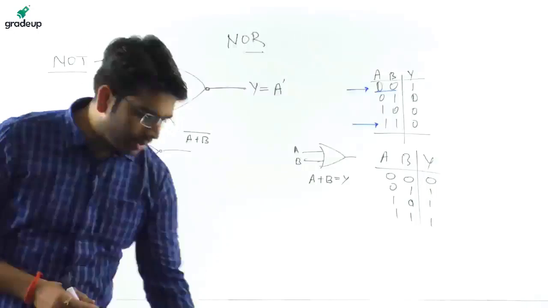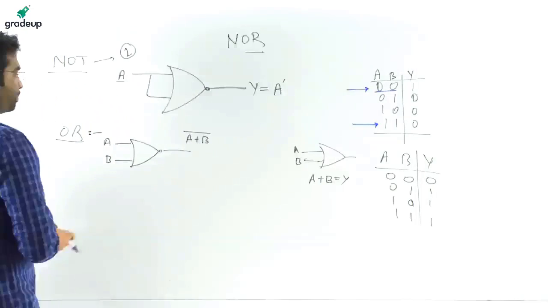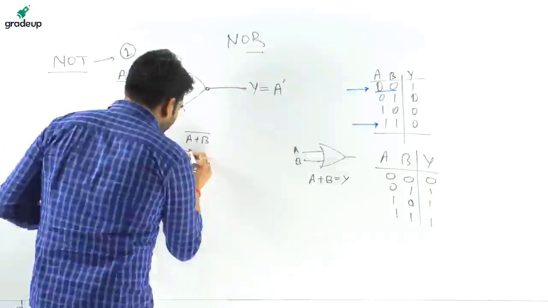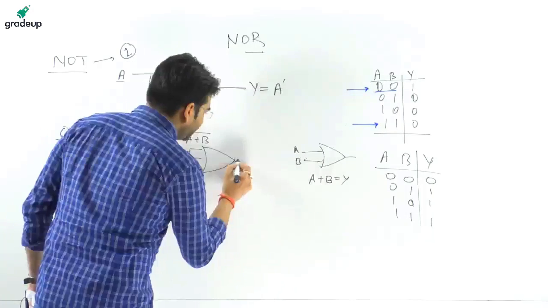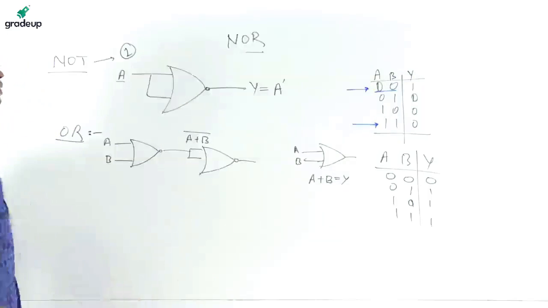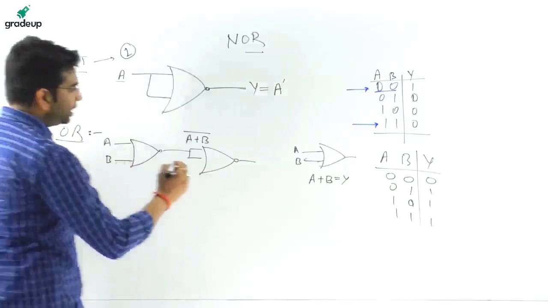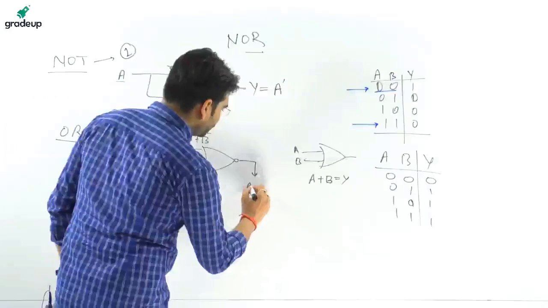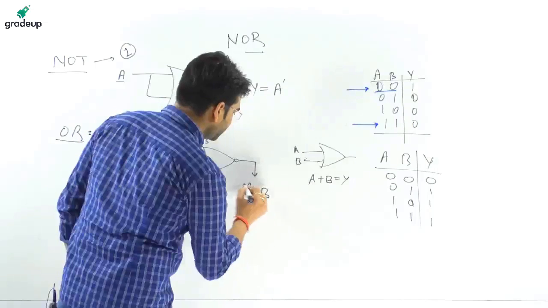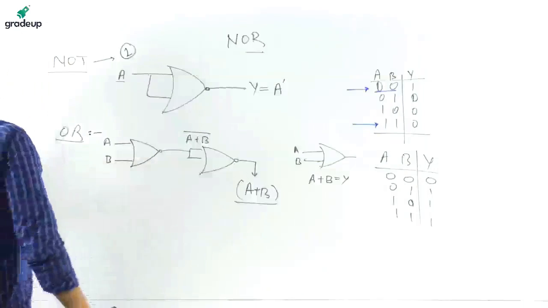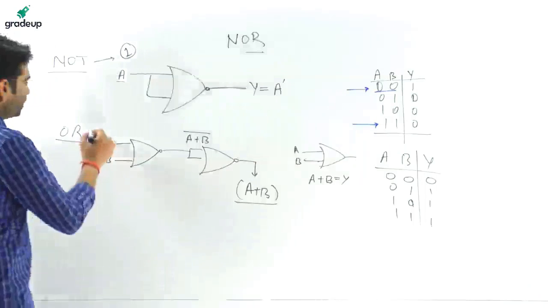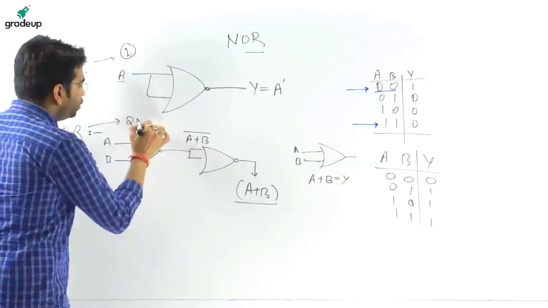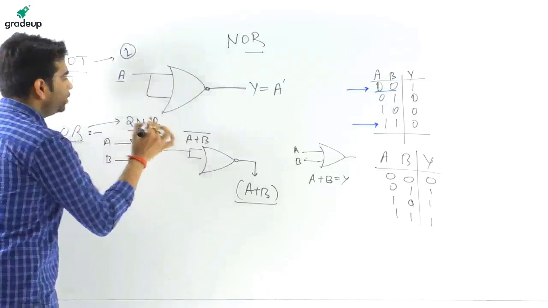Okay, so we can just do one thing: feed this output again to a NOT gate which we have designed using a NOR gate. Then what will be the output? The output will be an OR gate. So for OR gate logic, we will be requiring two NOR gates.